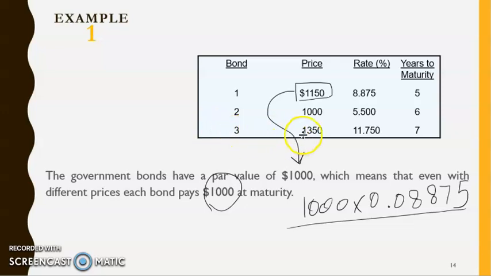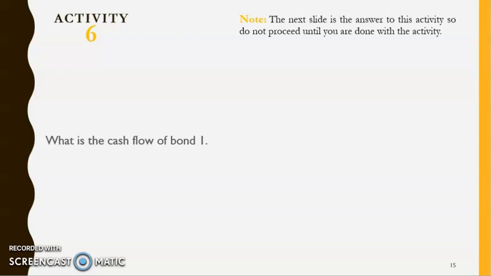About this one, bond 3, you are going to pay now $1,350, and you will get an interest rate of 11.750 for 7 years, and at the end of 7 years you also get $1,000. Stop the video and take your time to create a gorgeous table that shows the cash flow of bond 1.